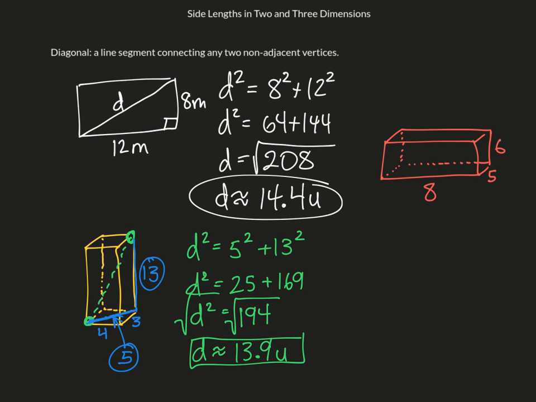And this time we're going to go from this corner to this corner. It's a 3-dimensional diagonal. So pause the video, find the 3-dimensional diagonal.